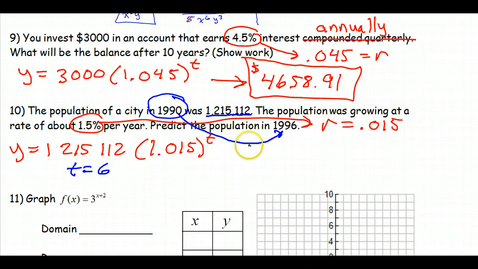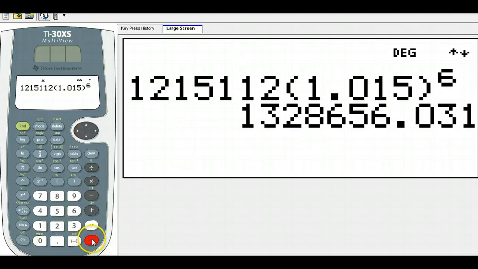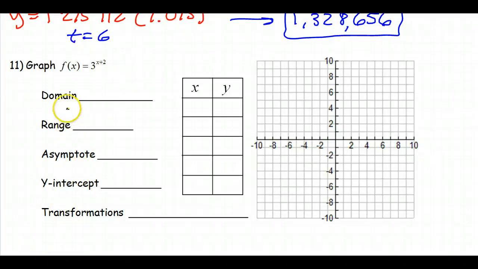So we will put this in our calculator, but we will let t be 6. So here I've typed it in, and this would be my new population 6 years from now. Okay, so 1,328,656. All right, moving on to number 11.